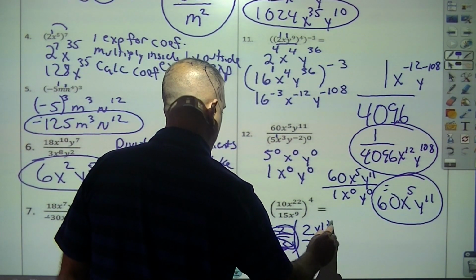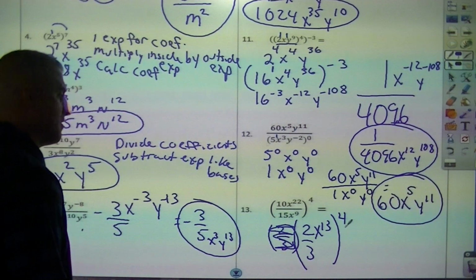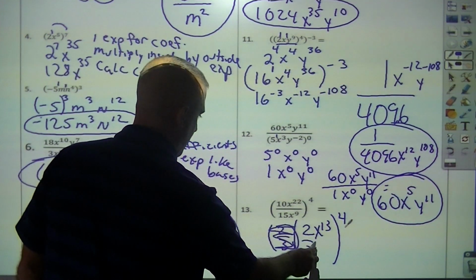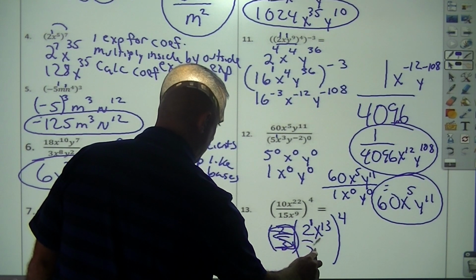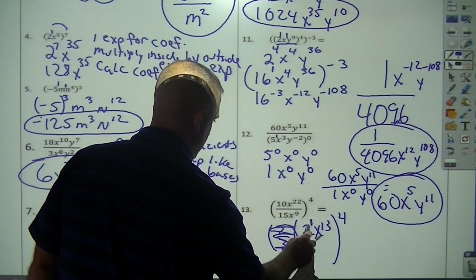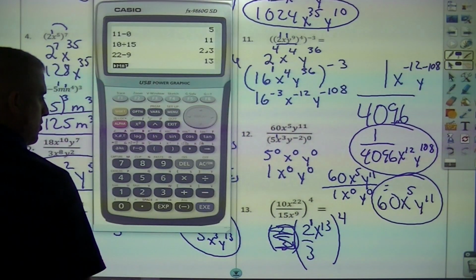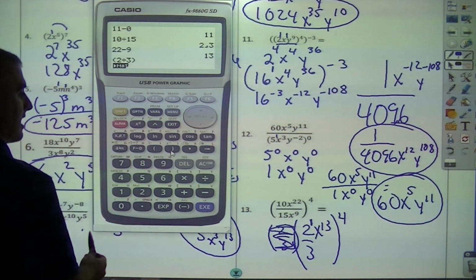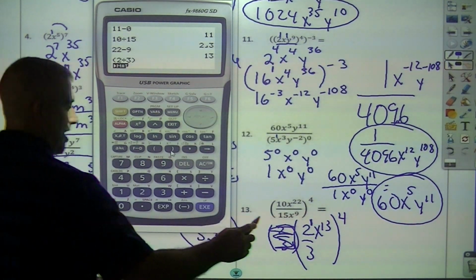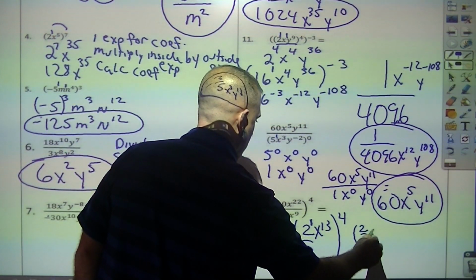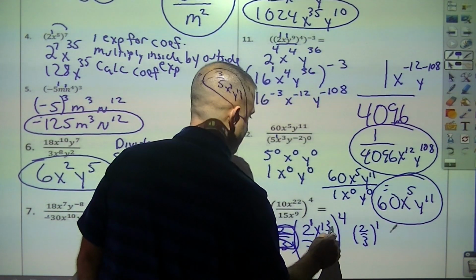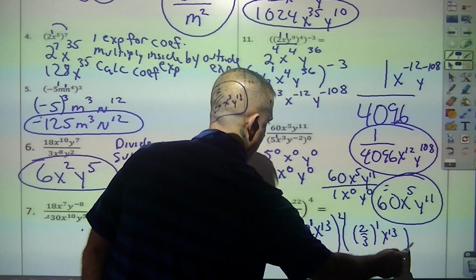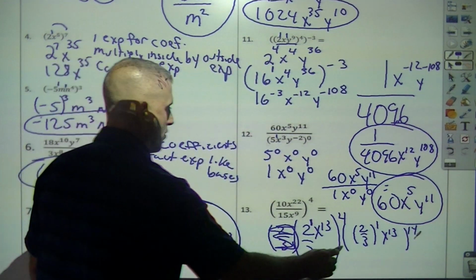Now, what I have to do is I have to do that to the 4th power. 2 ways you can do this. First of all, since it's the power rule, I would have to put 1 with my coefficient. Now, I'll show you 2 ways. If I treat that 2/3 like its own coefficient, that would become 2/3 to the 1, and then x to the 13th, all raised to the 4th power.